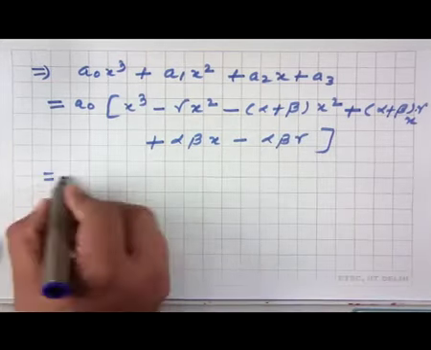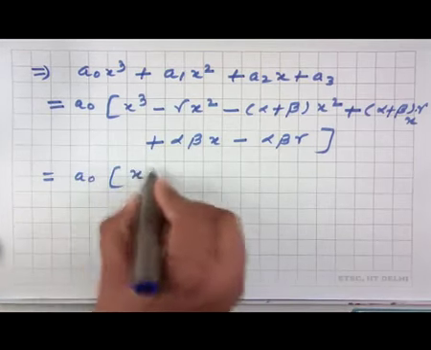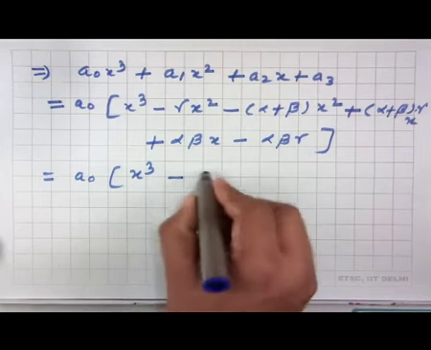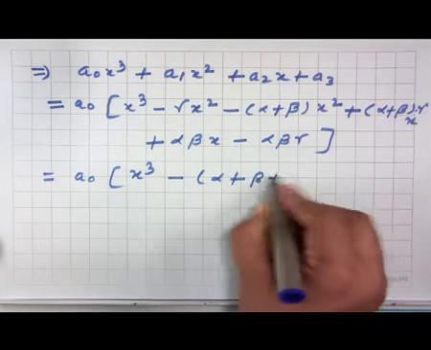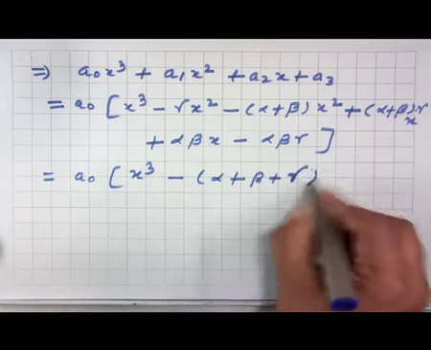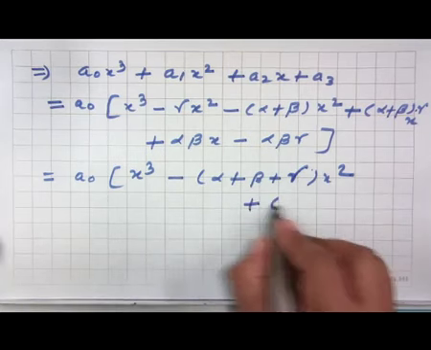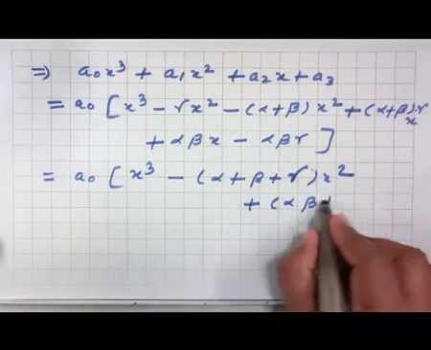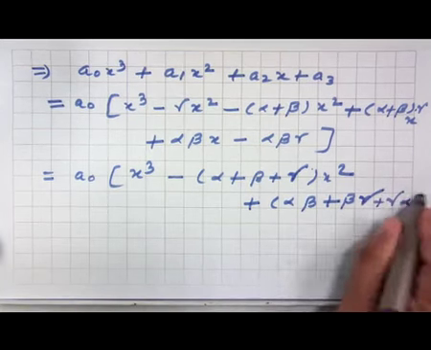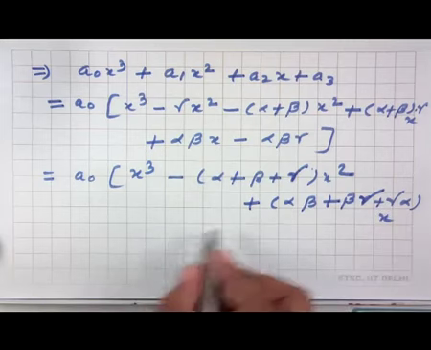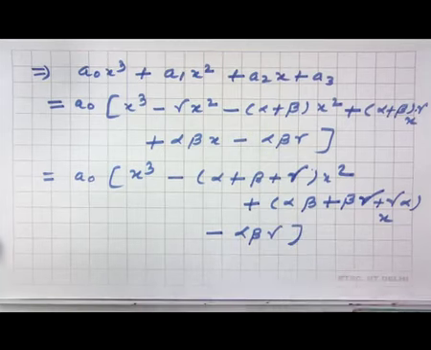It can be written as a0 [x³ − (alpha + beta + gamma) x² + (alpha beta + beta gamma + gamma alpha) x − alpha beta gamma].